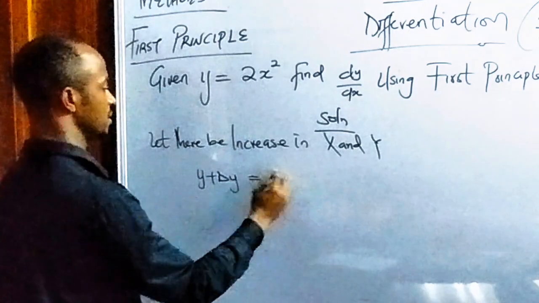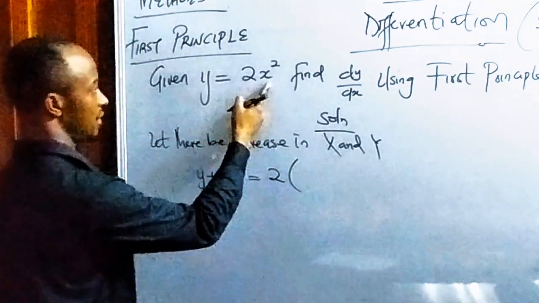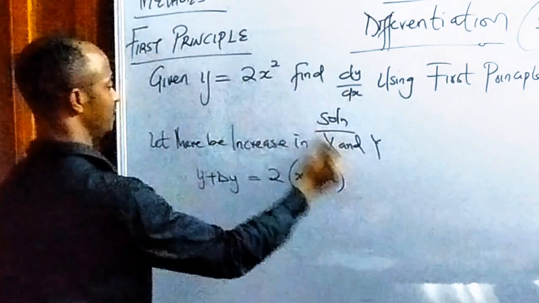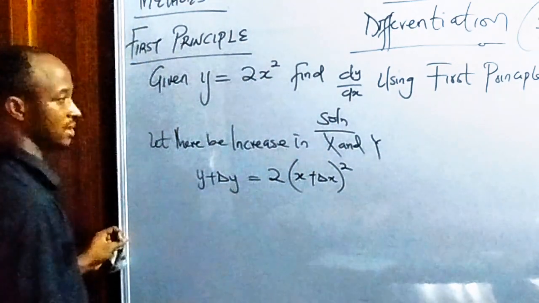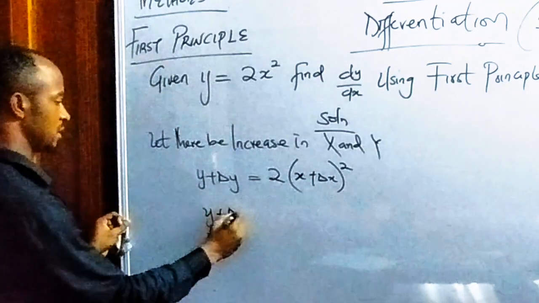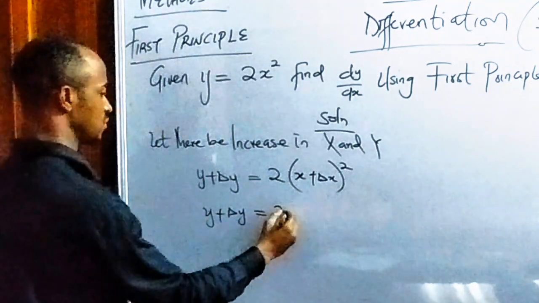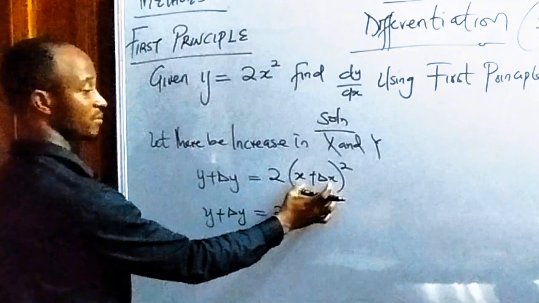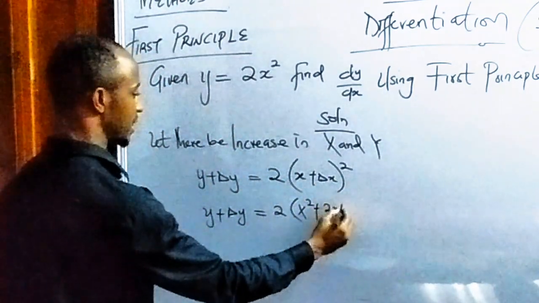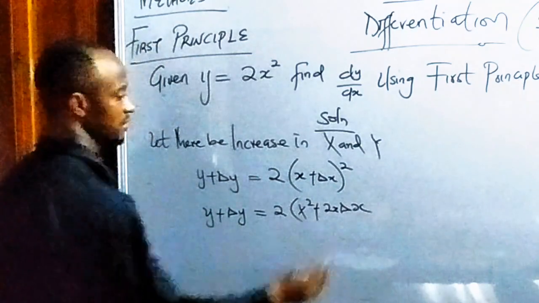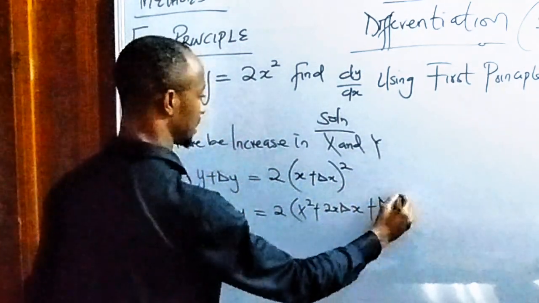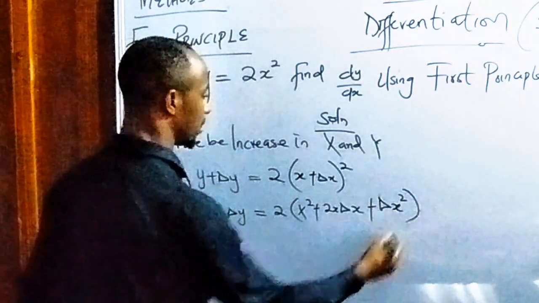Then this equals 2 in brackets, and our x becomes x plus delta x, all squared. So this will give us y plus delta y equals 2 in brackets. By the time we expand this function, this will give us x squared plus 2x delta x plus delta x squared, all in bracket.